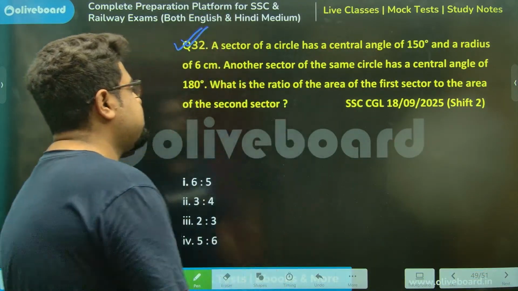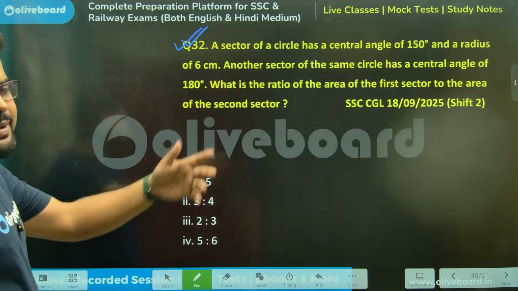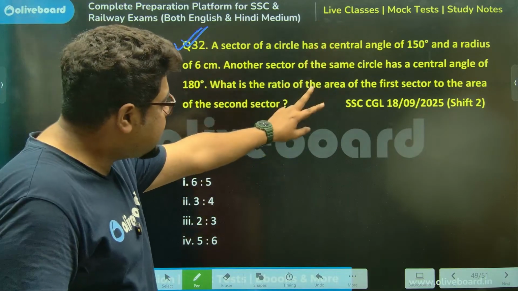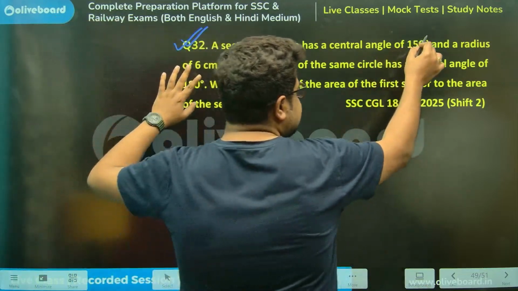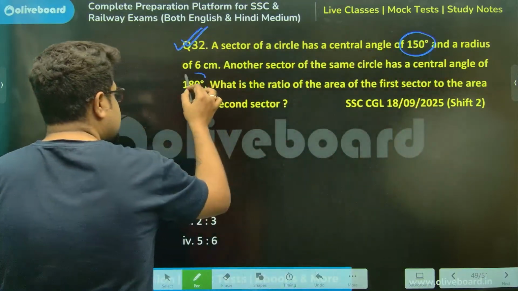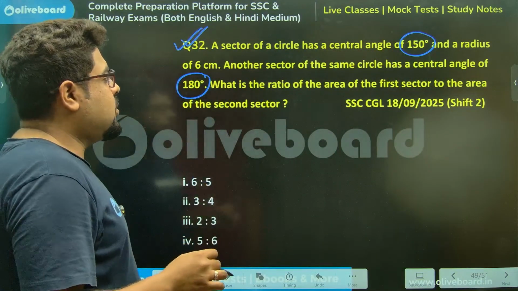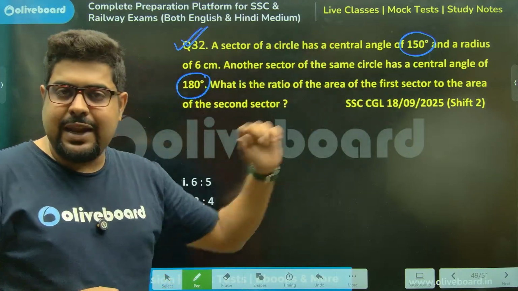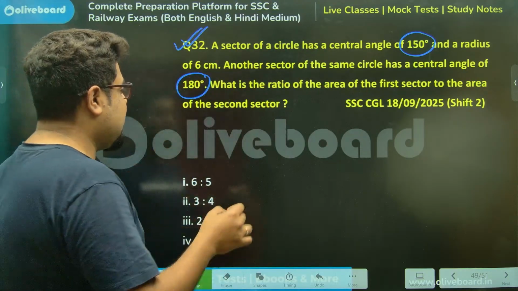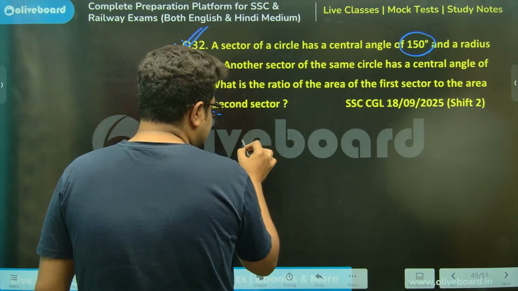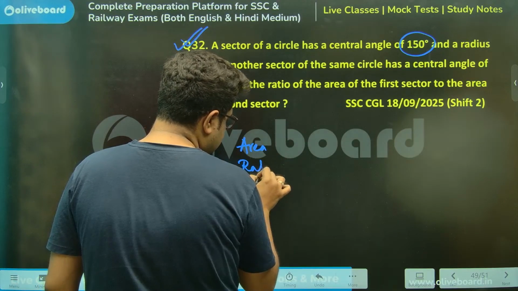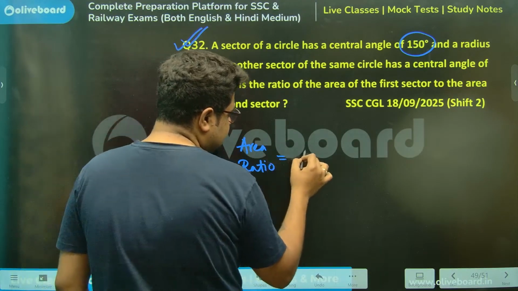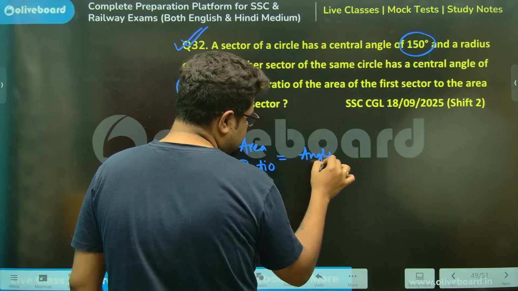Let's do this. Again, sir, same. But this time the answer is not 1:1. Why? The angles are not equal anymore, sir. So angle ratio will be area ratio, right? So I can simply say area ratio is equal to angle ratio.